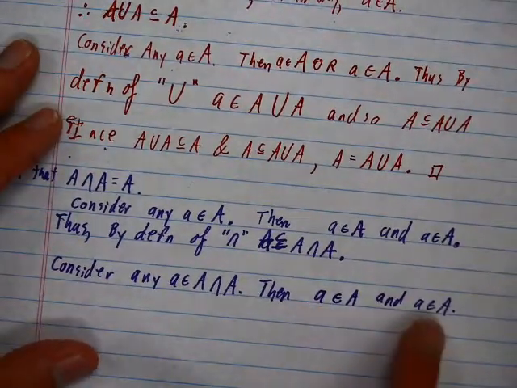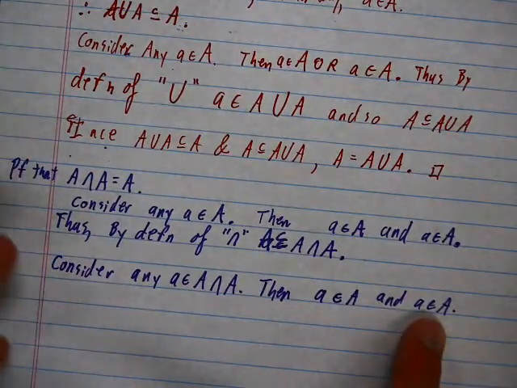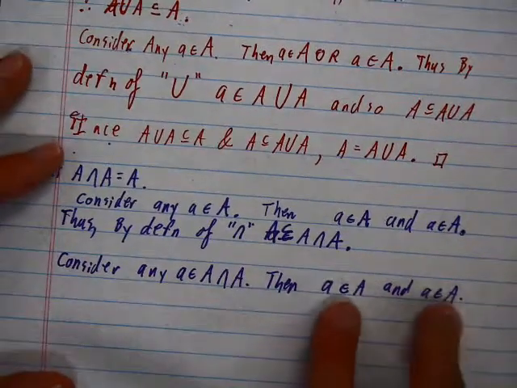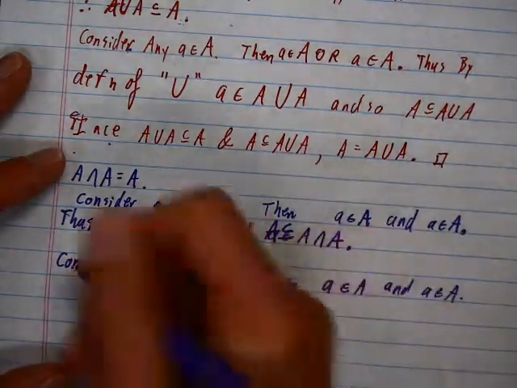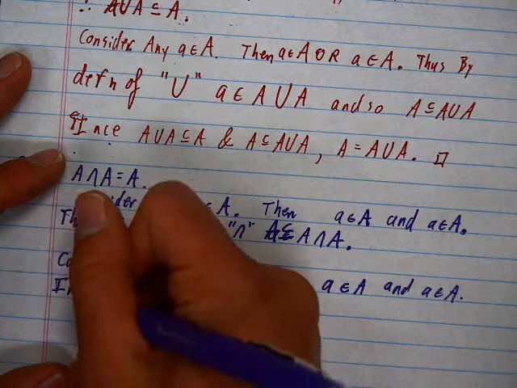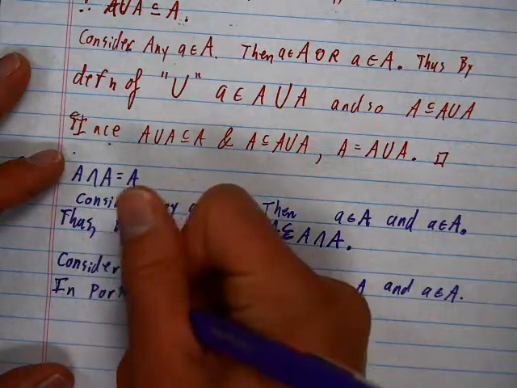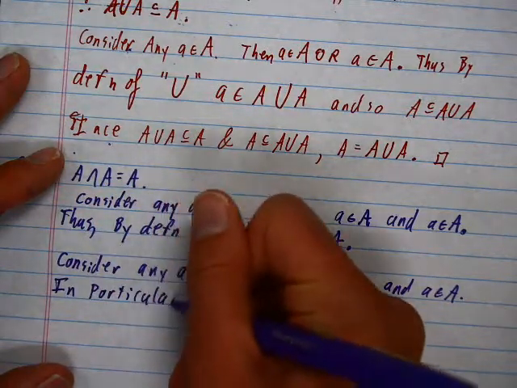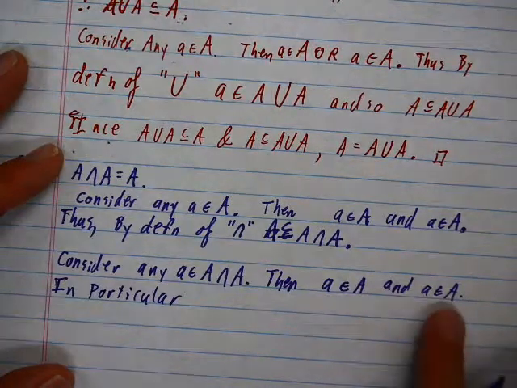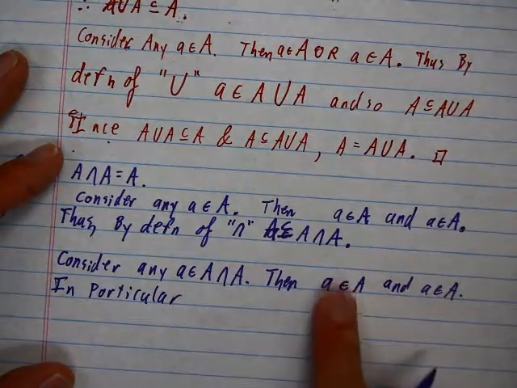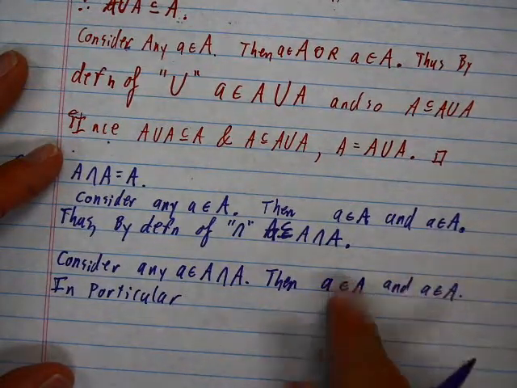But wait, if a is in A and a is in A, right, if you and two things together and get a true statement, that means that both of those have to be true. In particular, if this is true and that is true, then that must be true. Both of those are true.